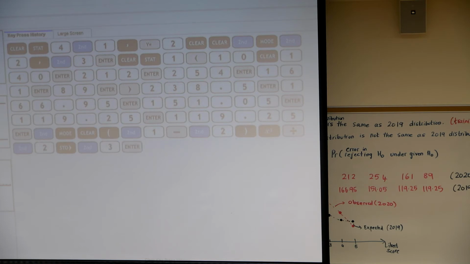Enter. And if I go back, just that, the values are all stored up there. We have 40.68, 12.156, and so forth.